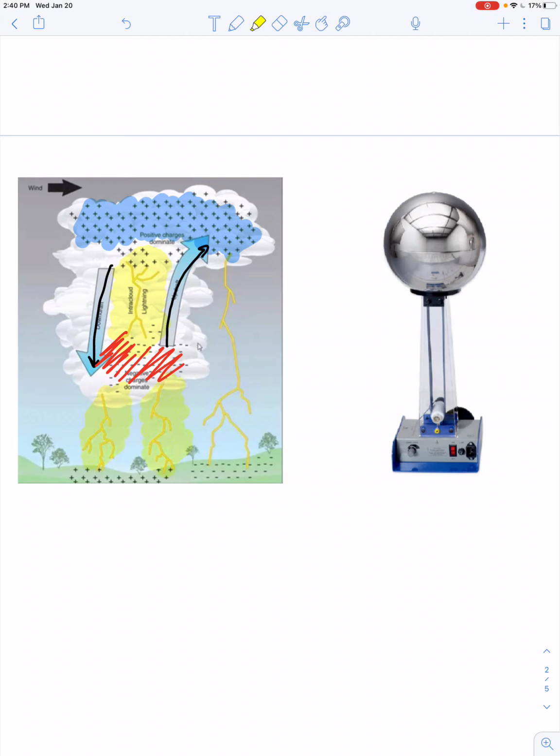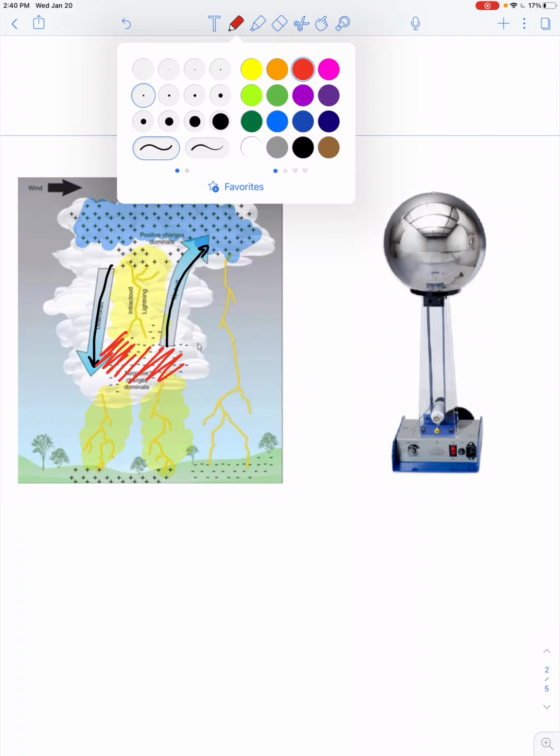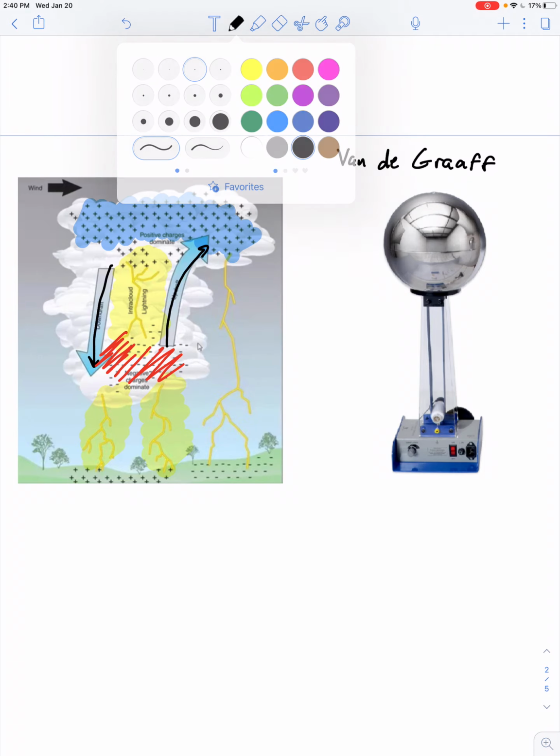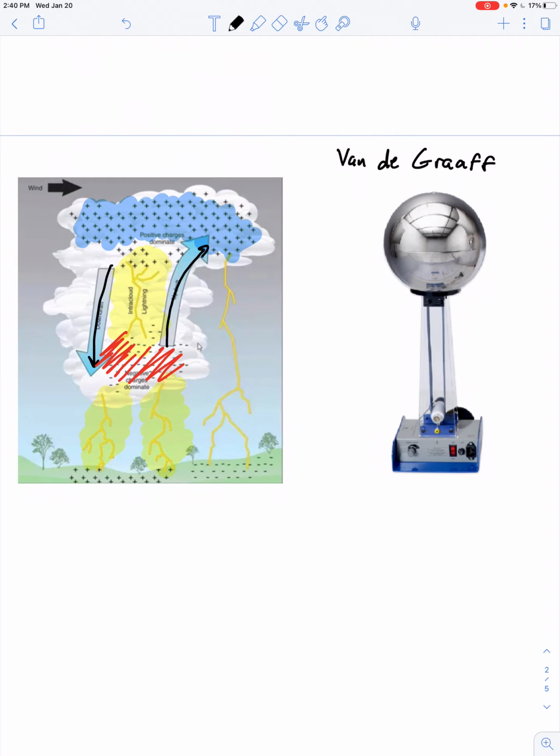Another process of charge by conduction can be seen in the operation of the Van de Graaff Generator. So in the Van de Graaff Generator, again, charges are conveyed from one place to another. So this is ultimately attached to the ground by way of the plug that goes into the wall.